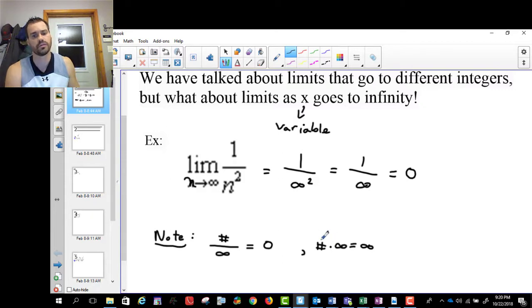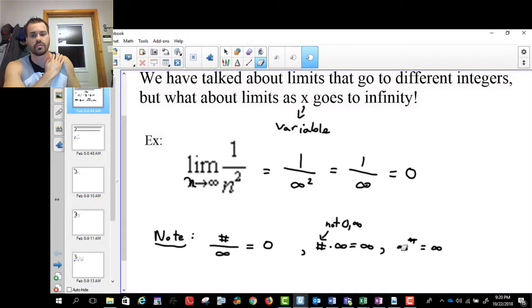You should make a little note that that's not 0 or infinity, particularly not 0, because that gets into indeterminate forms we're going to talk about later in L'Hopital's rule. And if you take infinity raised to a number, you just get infinity. You don't have to worry about some of those operations. So just some things about infinity that are a little different.